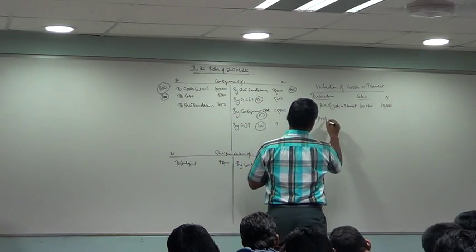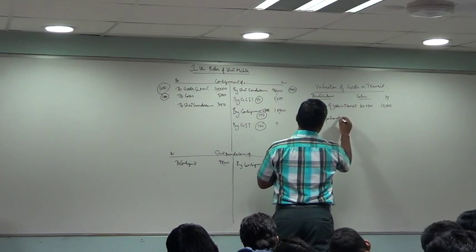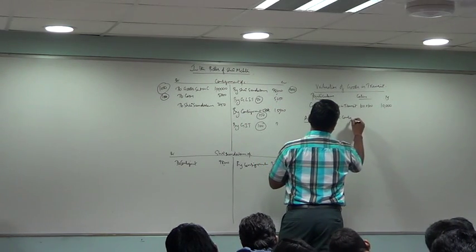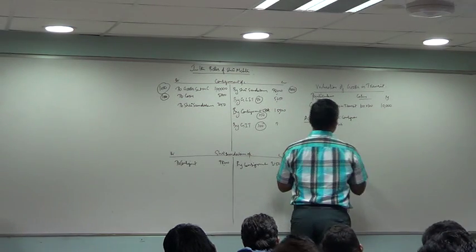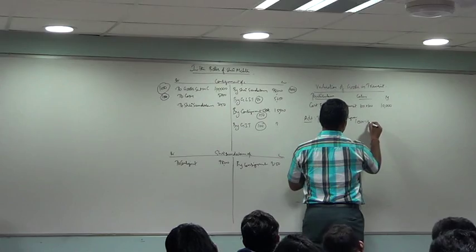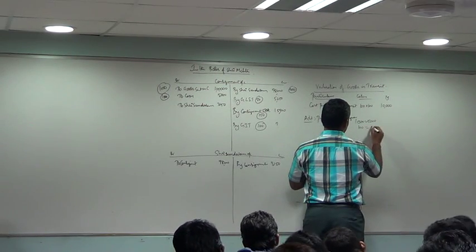Add proportionate consignor expenses. For 1,000 it is 5,000. For 100, how much is it?